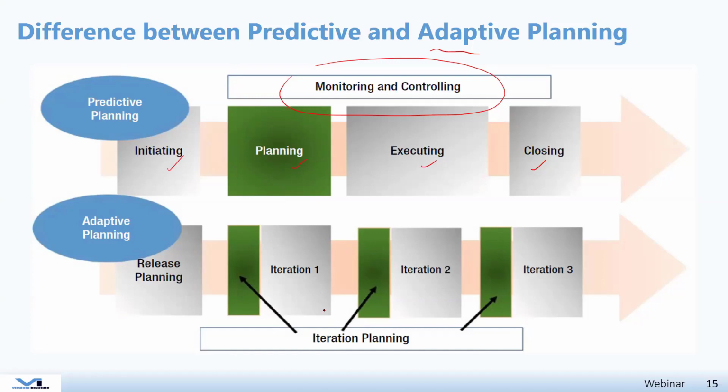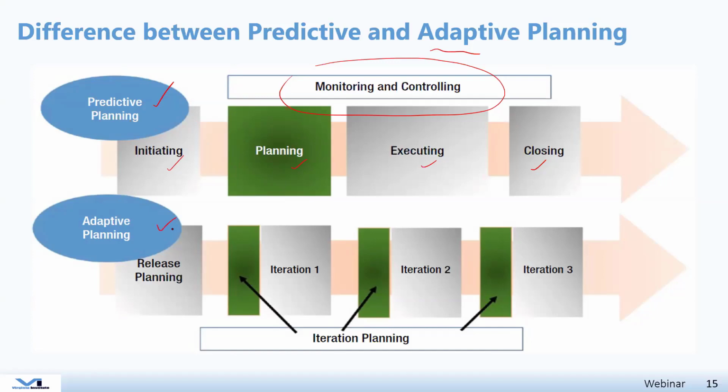So I plan just phase one or iteration one. Once I'm almost about to finish it, I start planning phase two and phase three and such. When you are doing that, you are being more creative and you are, of course, depending on the right brain. And for traditional projects, usually we use predictive planning and the traditional cycle of project management.